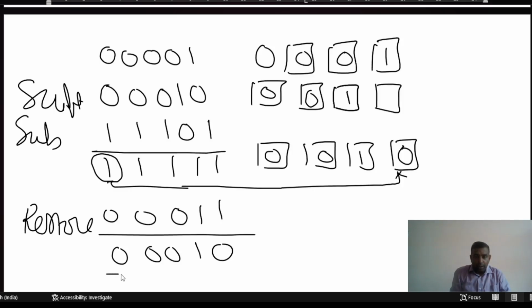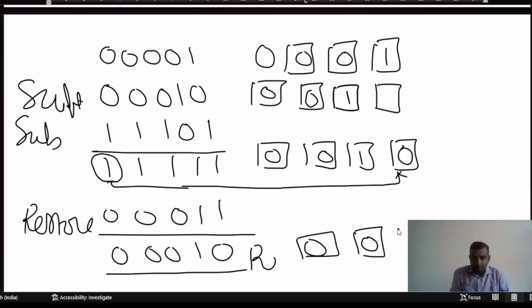This is the result, and this we call the remainder, and this is our quotient. So what is the remainder? Remainder is 2, in binary it is 00010, in decimal 2, and quotient is 2.